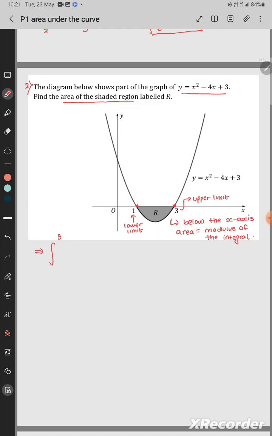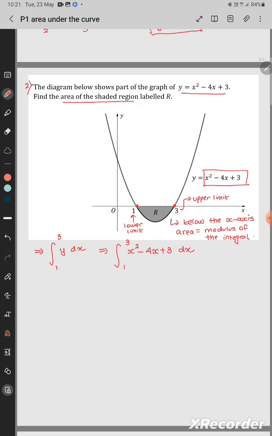So write the upper limit over here followed by the lower limit at the bottom, and y dx, right? This is the concept. So what is y now? y is x squared minus 4x plus 3. So integral from 1 to 3 of x squared minus 4x plus 3 dx.